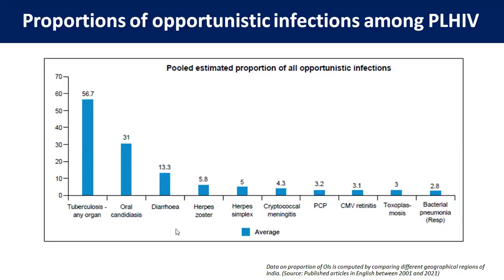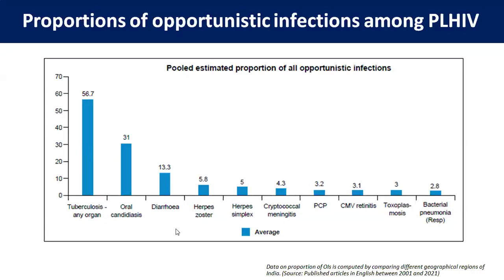So, what are the proportions? Which OIs are more common in people living with HIV? We can always safely say tuberculosis is one of the most common OIs. Next comes oral candidiasis, diarrhea, herpes zoster. In this range, bacterial pneumonia is one of the least that you can suspect among people living with HIV.